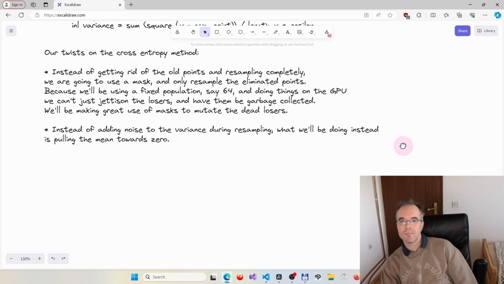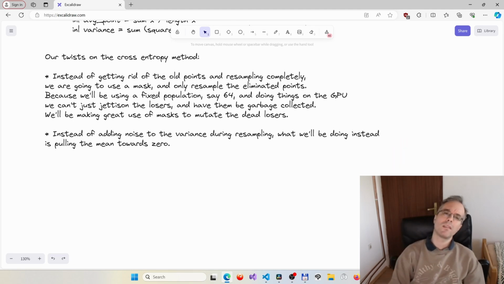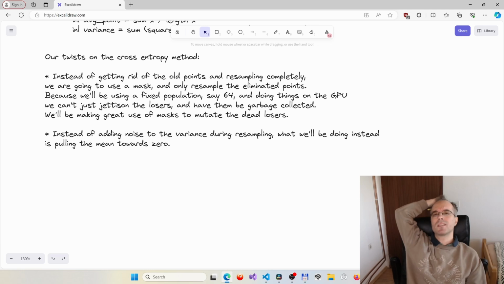One thing that I realized, because the previous papers did mention that without adding noise to the parameters, the cross entropy method converges prematurely to suboptimal solutions. And in those papers, the solution that I arrived at was to add noise, and that was pretty effective.